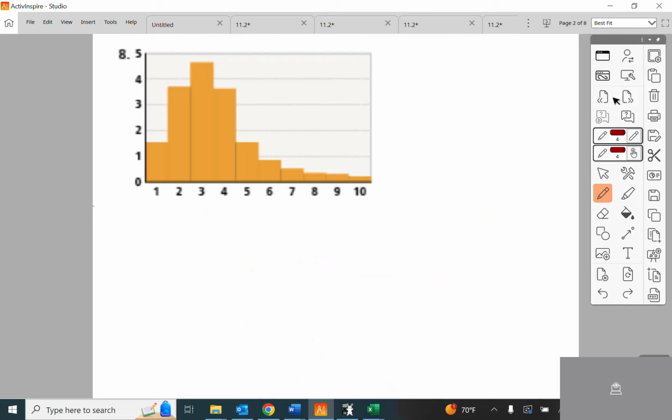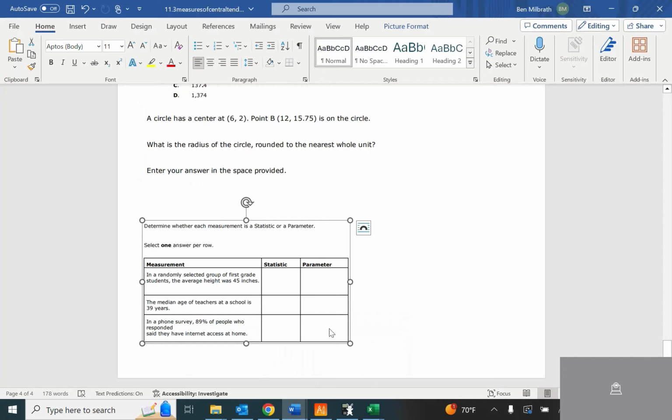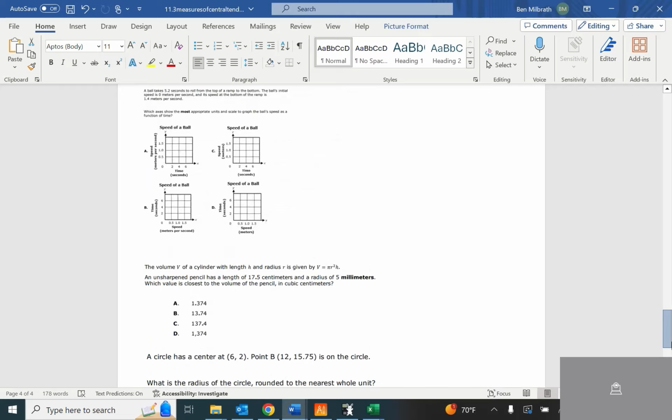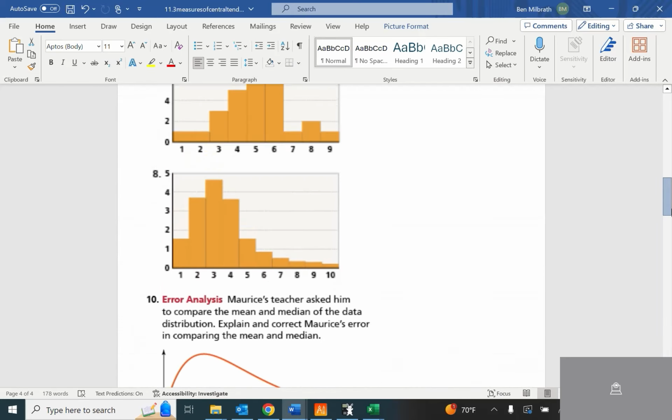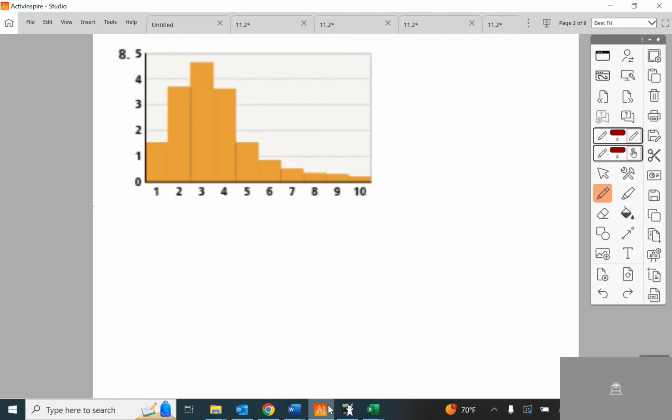Alright, what was the instruction set on this one? Describe the shape of the data summarized in the histogram.